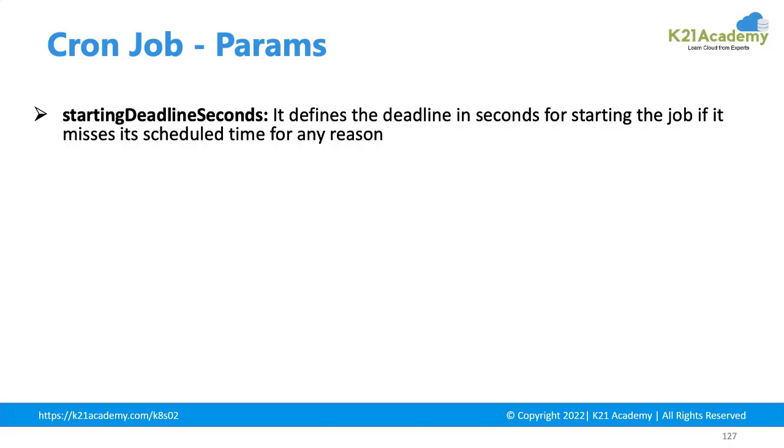Then if my system, or the server or host machine, is not powered on at 8:30, and it gets switched on at 8:31, I have a 60 seconds deadline to start my job. So this starting deadline seconds defines the deadline in seconds for starting the job if the job is missed from the schedule which is defined in the cron job definition.